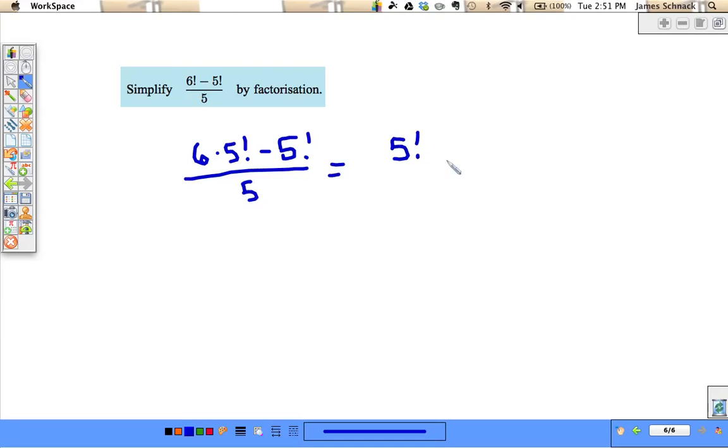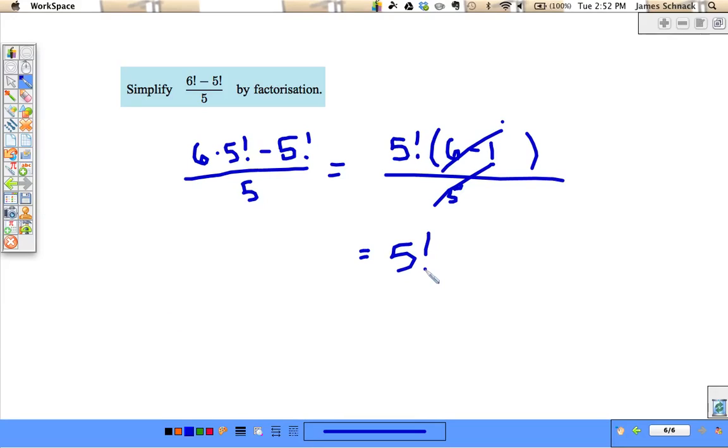I'm going to factor that out as the greatest common factor. 5 factorial over 6 minus 1 divided by 5. Well, look at this. What's 6 minus 1? It's 5. Those cancel, leaving us with simply 5 factorial. Who would have thought that this funny looking thing ends up being 5 factorial?